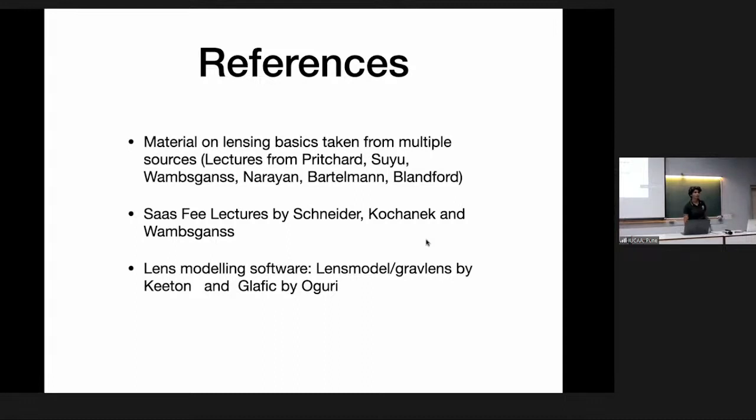How does the brightness of the images change with the lenses? When we talk about the magnification, it is happening both in the flux, and the area of the image is also changing similarly, and so the surface brightness of the image is conserved.